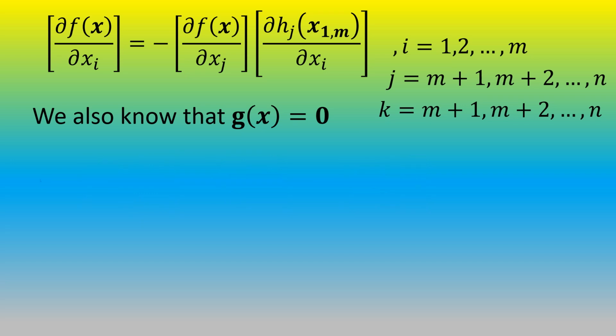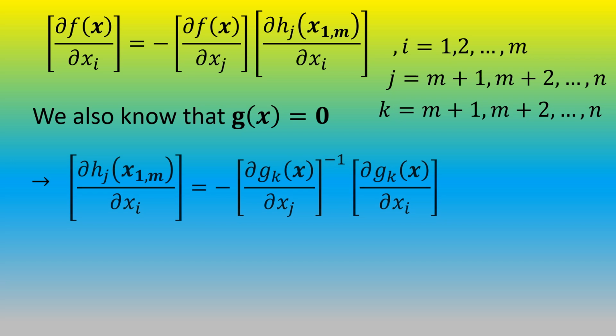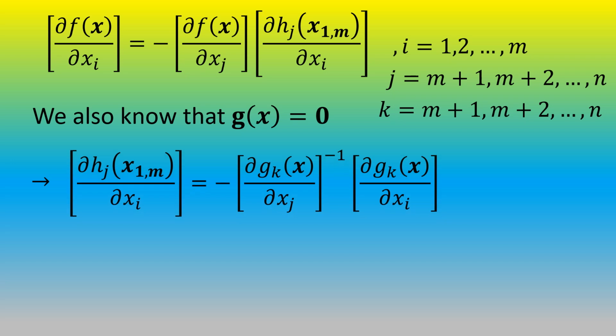Alright, so we could solve for the partial derivative of hj as a function of the independent variables with respect to xi, that matrix right there, by taking the partial derivative of gk with respect to xj, that matrix inverse, on both sides of the equation.